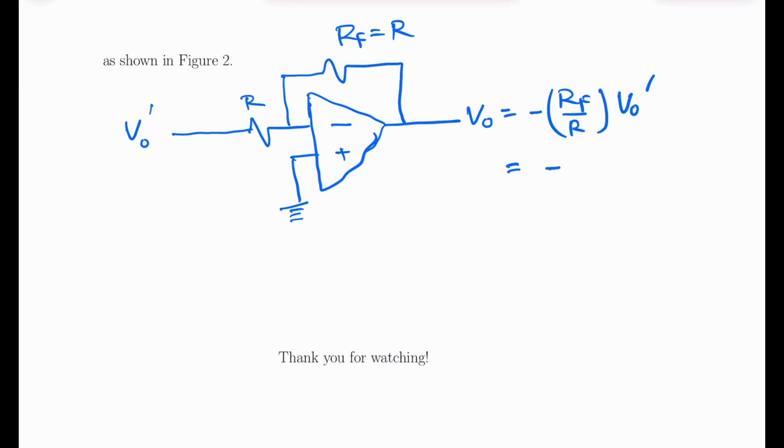This is minus V naught dash, and so this is equal to V1 plus V2 plus and so on up to Vn. So our purpose is achieved. So the output voltage of this figure is equal to the sum of the input voltages applied.